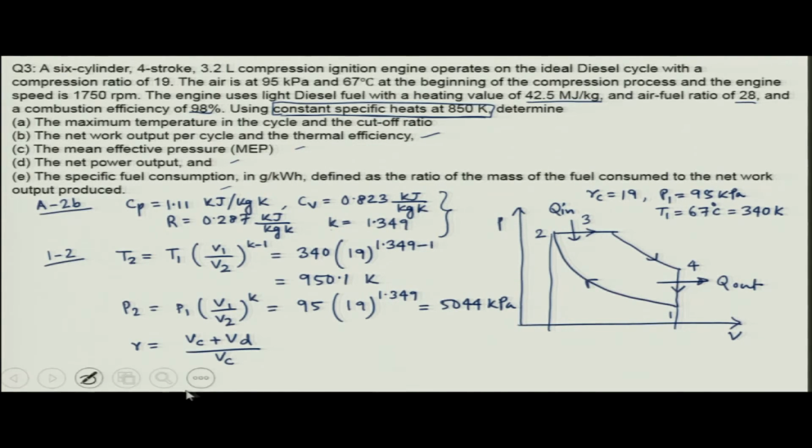Okay. Vc is the clearance volume, and Vd is the displacement volume.